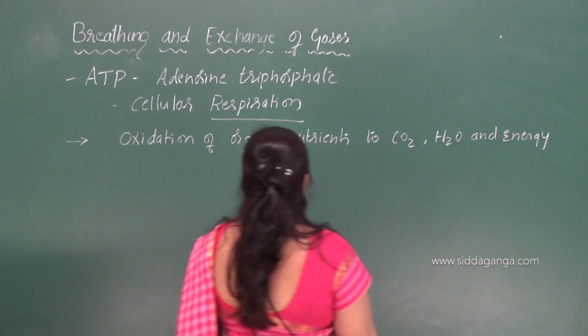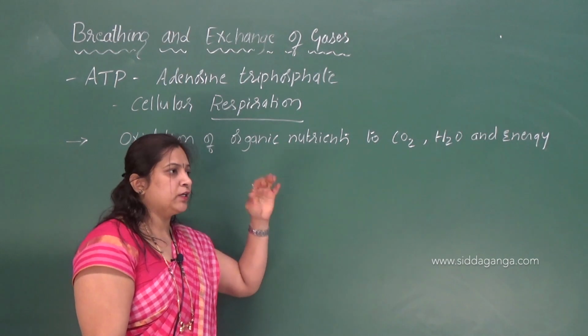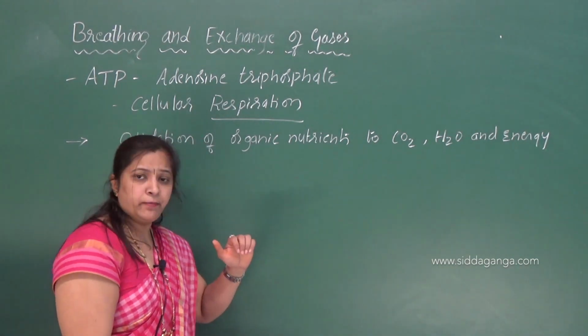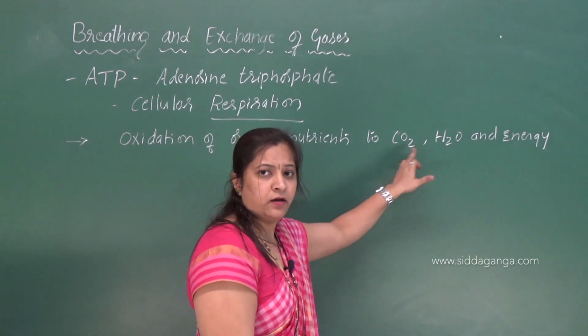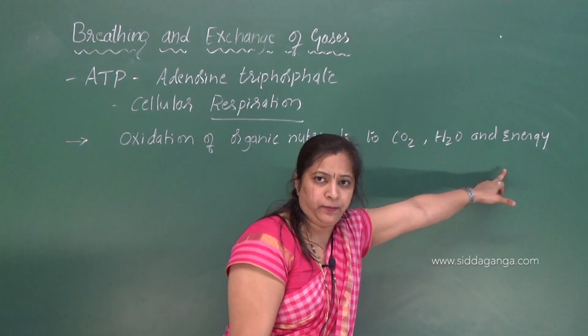Where does oxidation of organic nutrients occur? The oxidation of organic nutrients occurs in all the cells of the body. So finally, what are the end products? Carbon dioxide, water and energy, and it is released in the form of ATP, right?